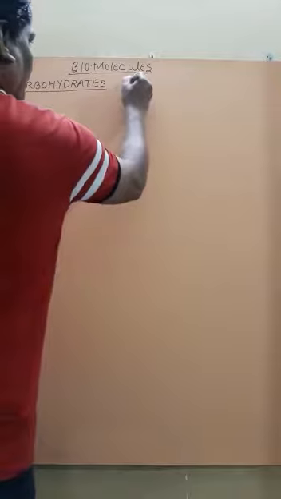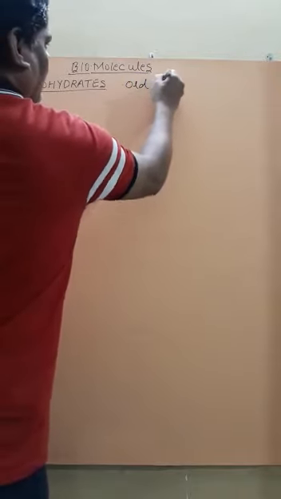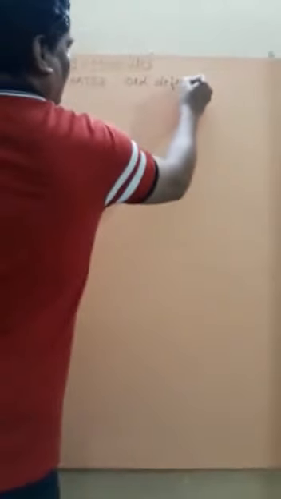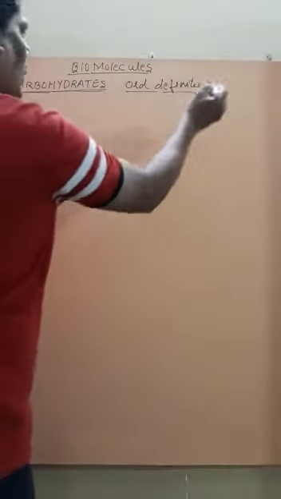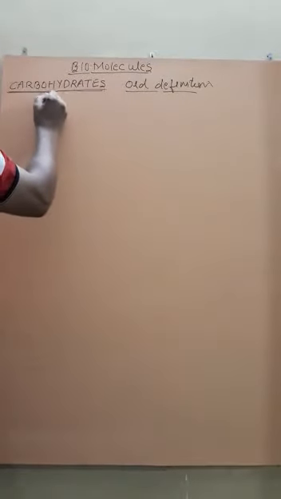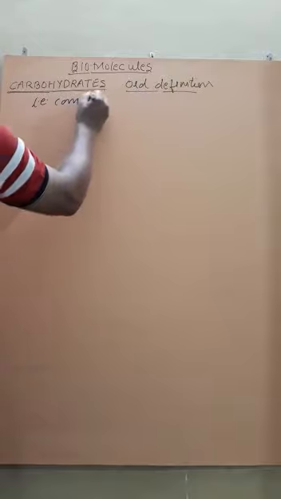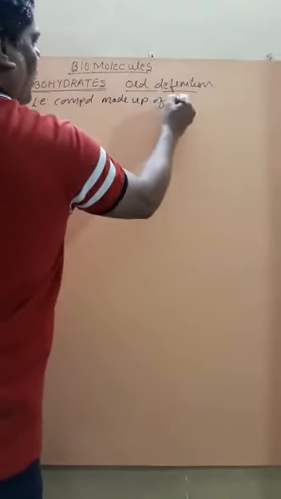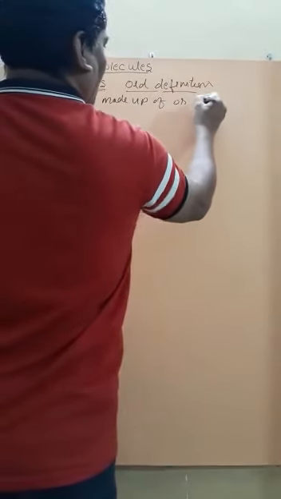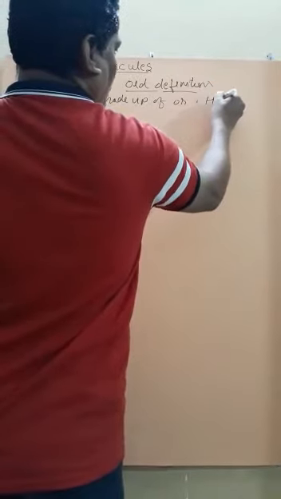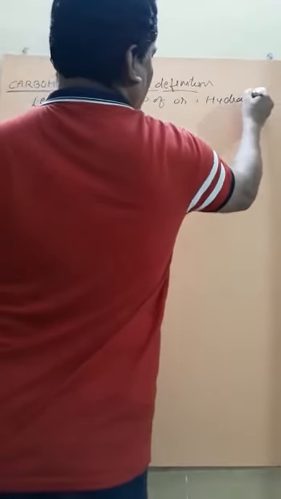Students, as the name suggests, the old definition is on the basis of the term given: carbo, that is carbon, and hydrate, that is water. That is, simply compounds made up of the hydrates of carbon.